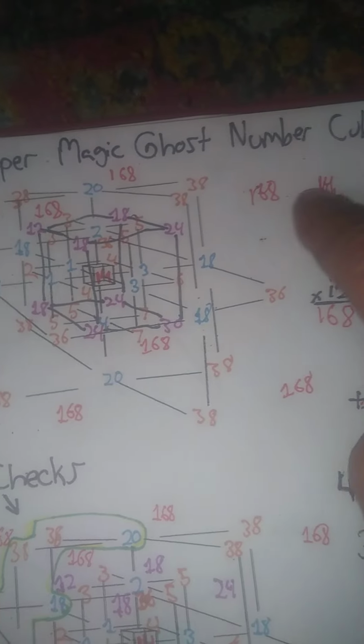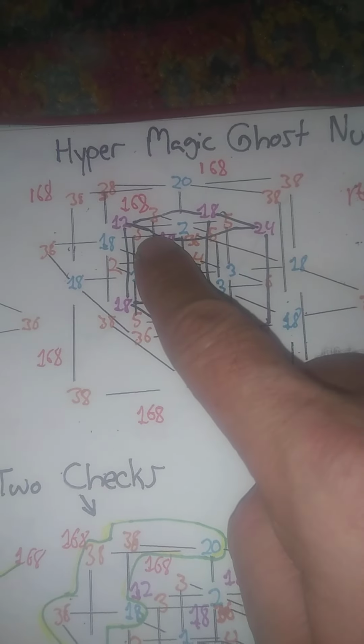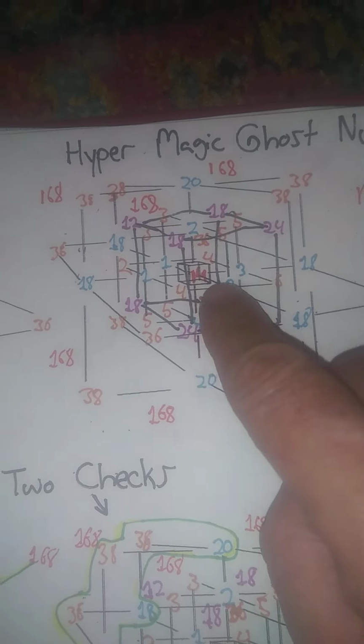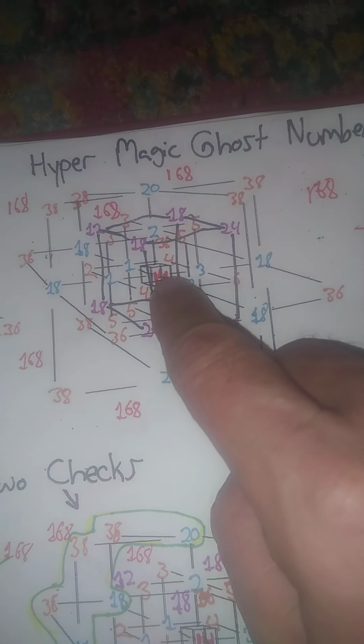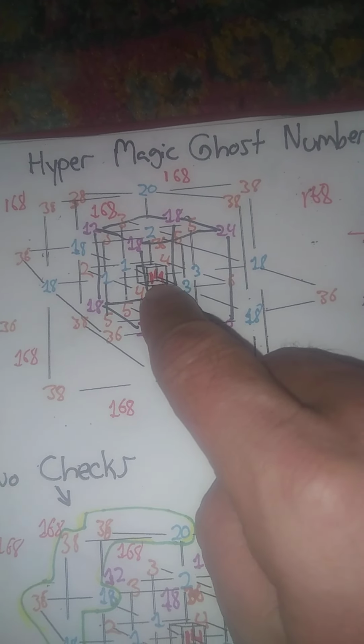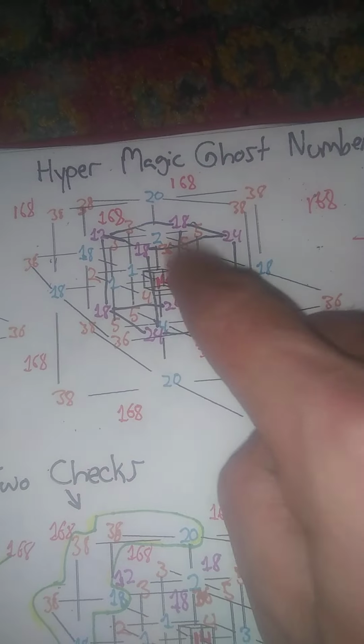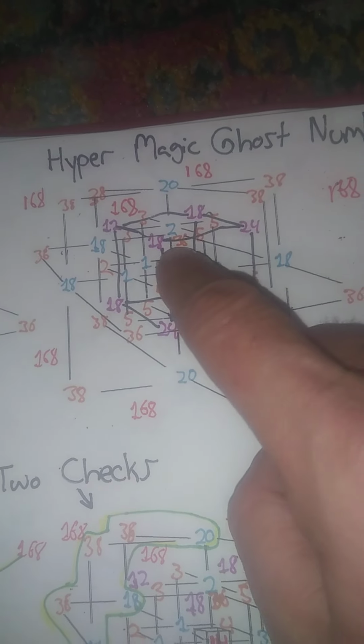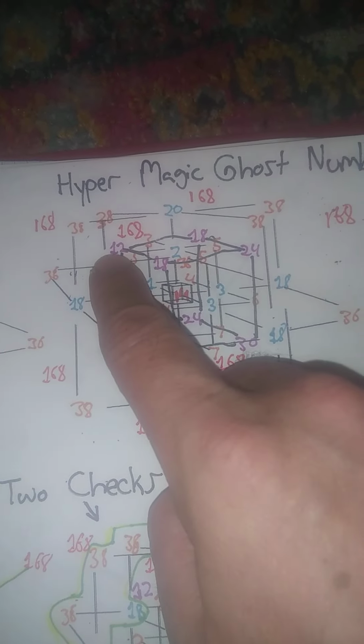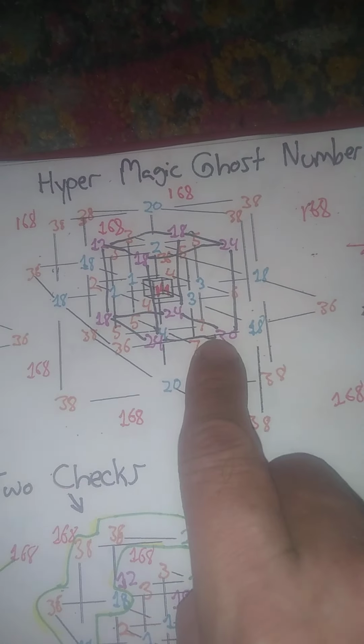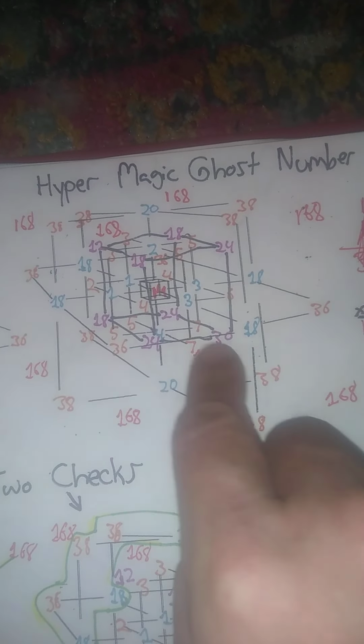For a hyper magic ghost number cube, the hyper magic ghost number cube includes the central ghost number in with the commutative property as I showed you to begin with, and it doesn't equal 12 and 30. For instance, on this side that would be 42.